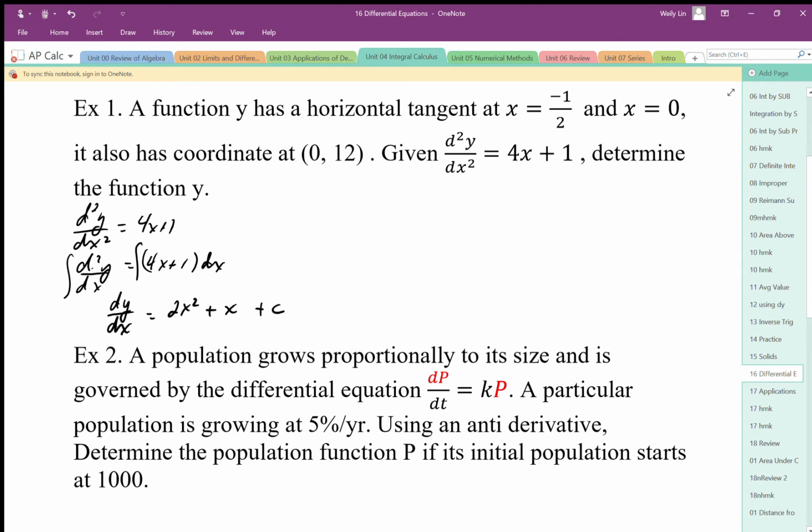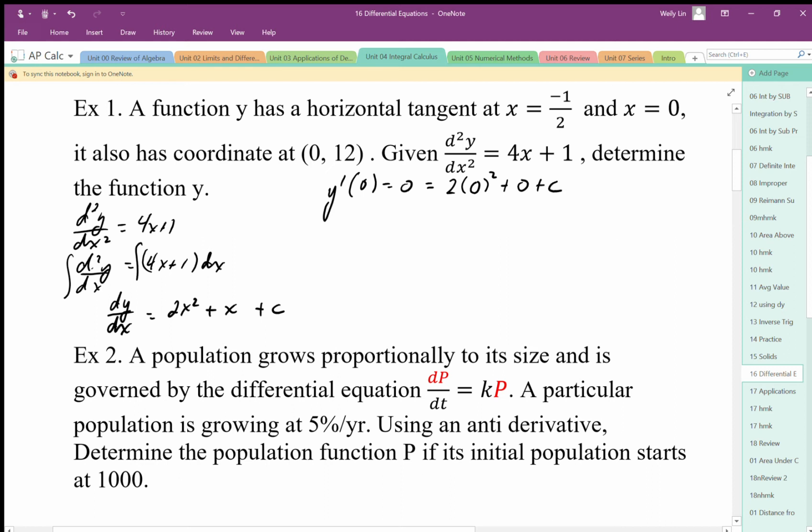What's implied is we need to solve for c. We can solve for c by looking at these two terms here. When x is 0, I know that the slope is 0, or this expression is 0. We also know that when x is equal to -1/2, it's the same. So I'm just going to plug in x is 0. So y prime when x is 0 is equal to 0, and I put in 2 times 0 squared plus 0 plus c.